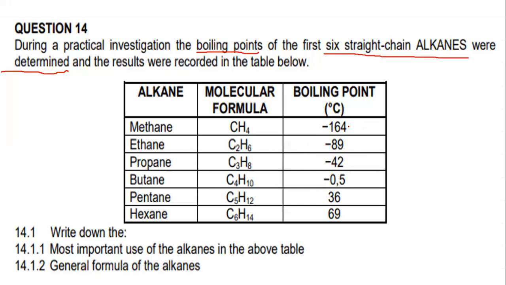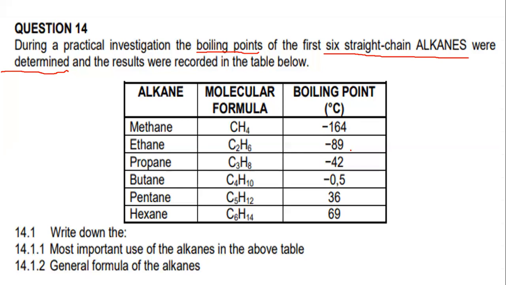It's actually a smaller number compared to minus 89, because minus 164 is far from 0, or it is far from being positive, and that is why it is a smaller value. Minus 89, when you compare it to minus 164, is not far from 0, or not far from being positive. So it is a larger value when you compare it to minus 164.